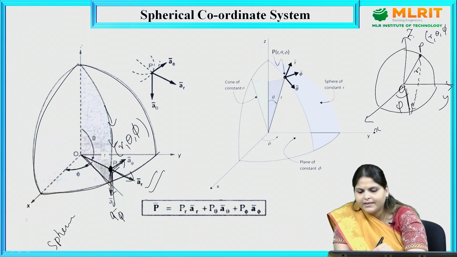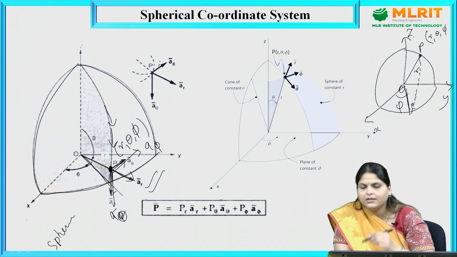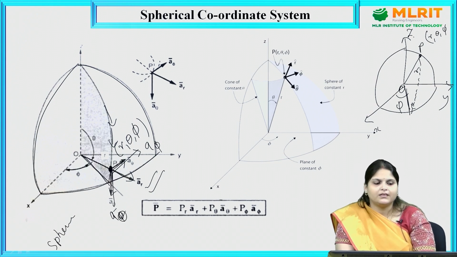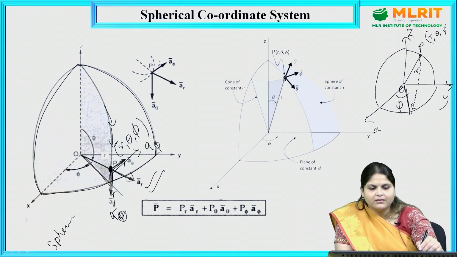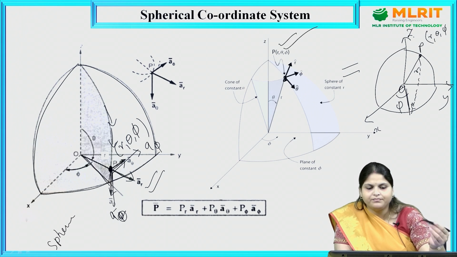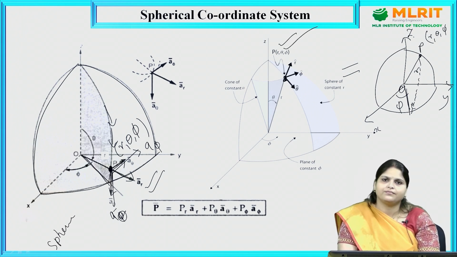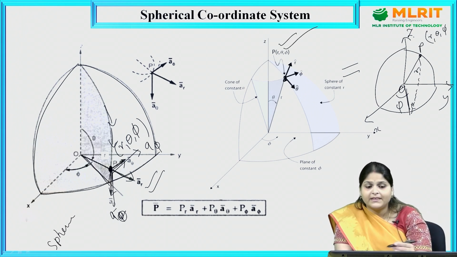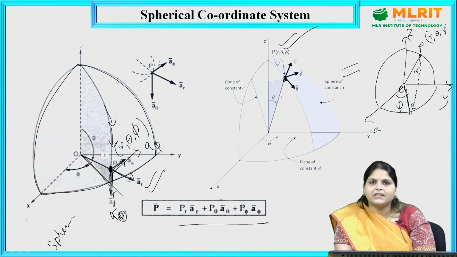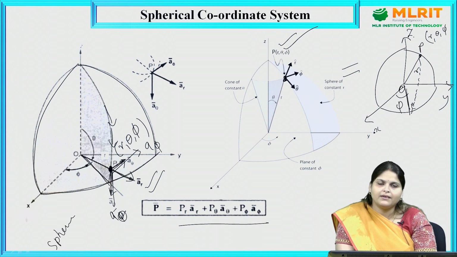And this is for phi, this is for theta, right? So the same thing we have drawn here, just like this diagram. This is the point, these are the unit vectors, and these are the coordinates. And now the vector P can be written as P r a r plus P theta a theta plus P phi a phi.